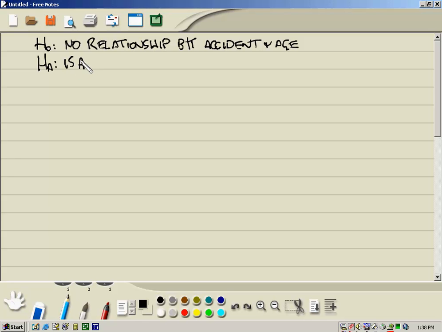Alternatively, there is a relationship between our two variables, accident and age. Right, no relationship for the null. Independence is no relationship. Dependence for the alternate.